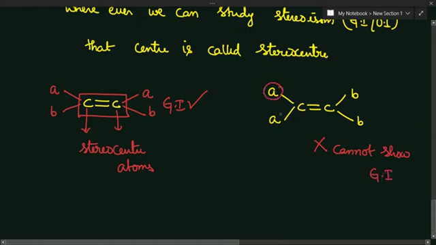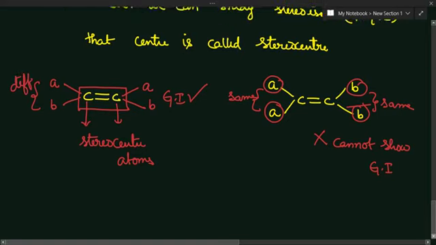Because it has the same groups on both carbons. These are the same groups. Here also there are the same groups. So therefore, this cannot show geometrical isomerism. To show geometrical isomerism, these groups should be different, or these atoms should be different. Then only it can show geometrical isomerism.